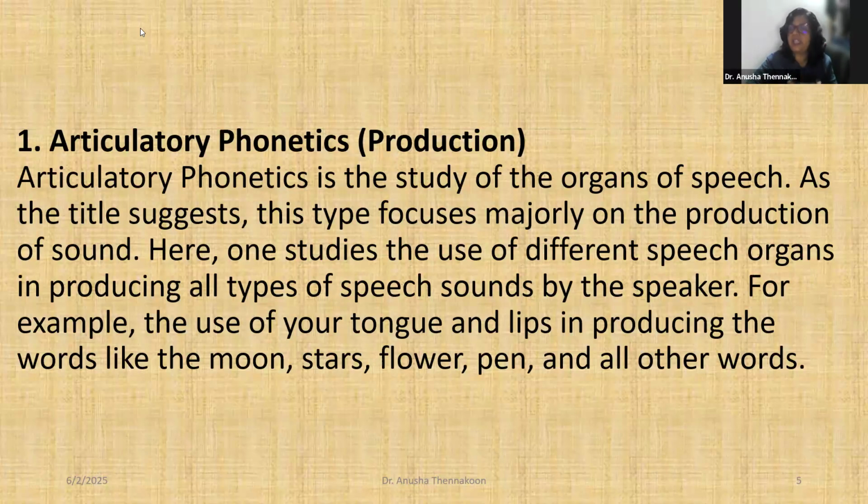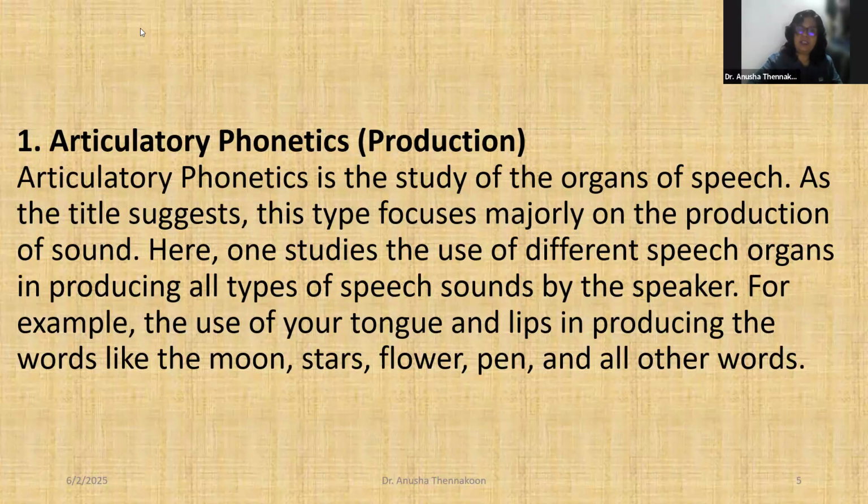So now I am talking. When I am talking, without my knowledge, speech organs are functioning. Example, you can just check. When you pronounce words like moon, stars, flower, pen, you can understand the function of your mouth, tongue, lips, they are different in different words.